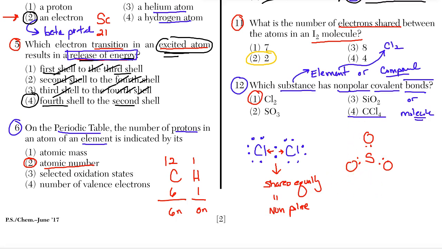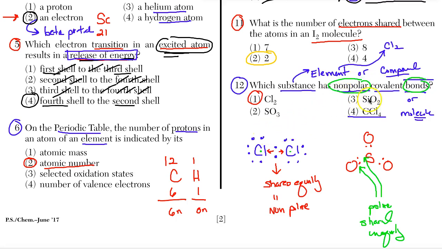So this side of the bond is going to be more negative, or electron rich, than this side. And that's what we call a polar bond. The differences between the elements mean they're going to feel different charges. In this case you don't, because they're shared equally, and this is shared unequally. Again, we're not talking about the molecule, we're talking about the bond. You have to be careful when you hear polar versus nonpolar.